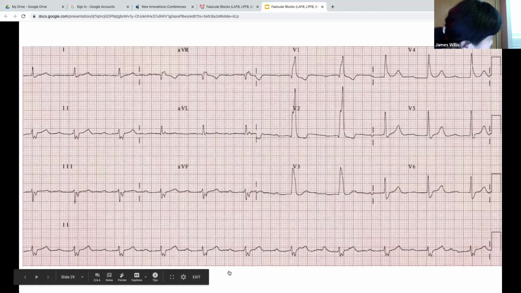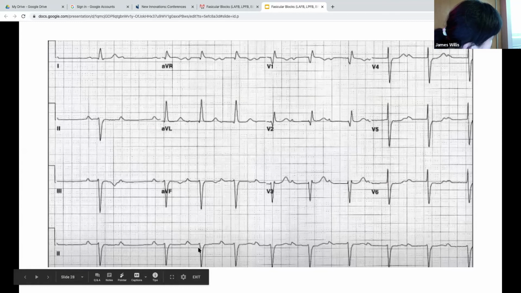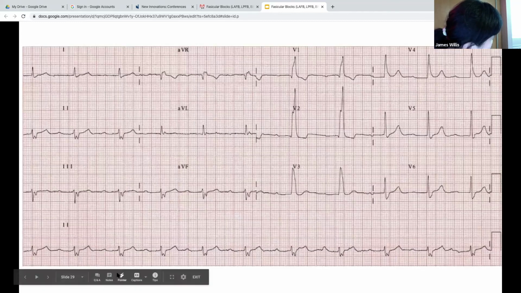We can go through this one. These QRSs look a little bit more wacky, but you have a rate of, this one's about 60. You do have P waves for the QRSs, but you can tell like here that it is a widened PR interval, so that would be a first degree AV block.